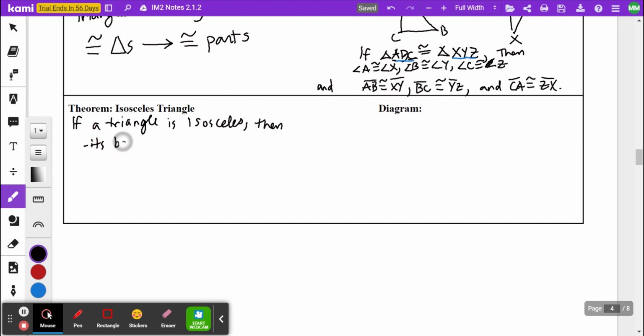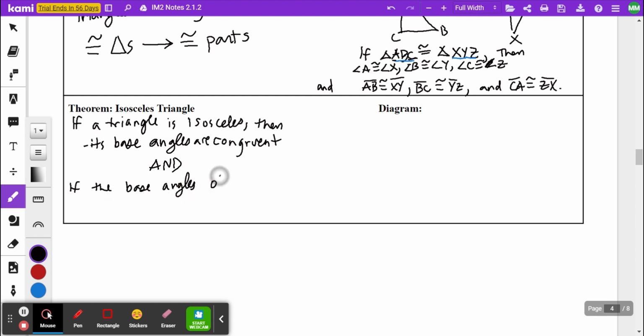Its base angles are congruent, and if the base angles of a triangle are congruent, then the triangle is isosceles.